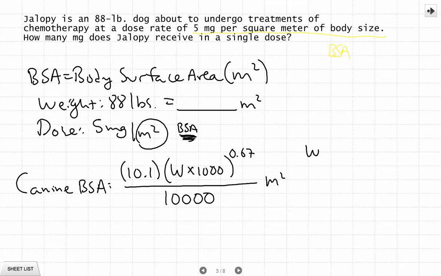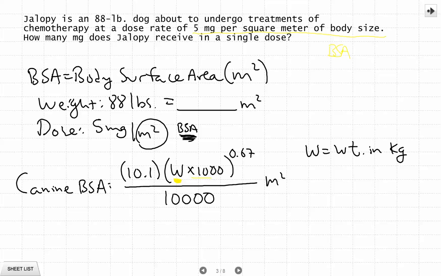So the W, the one variable in this case, is the weight of the animal or person, whatever it happens to be, but in kilograms. So we are going to need to take the 88 pounds and change it into kilograms. And then we just follow the order of operations in the formula itself. So we'll change the weight of the patient into kilograms. That's what our W will be.